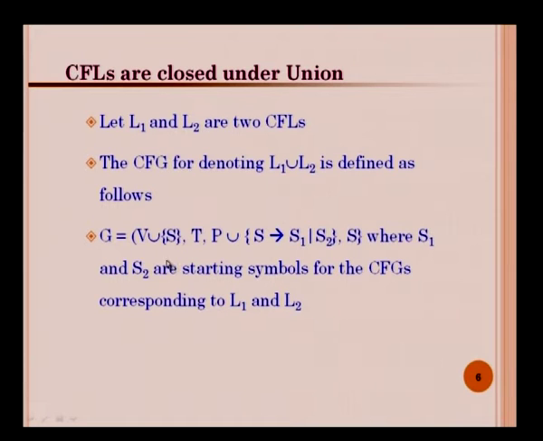In addition to that, we will be introducing a new variable called S. Actually that is the variable for which we need to write the productions. So we need not bother about writing productions for the remaining variables available in the grammar, as they are simply taken from the grammar for language L1 and the grammar for language L2. So it is going to be the union of all the variables available in the grammar for L1 and all variables meant for the language L2. In addition to that, we will be introducing S. So this is your variable set for the new grammar.